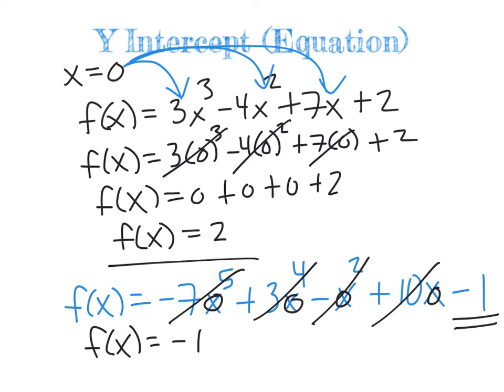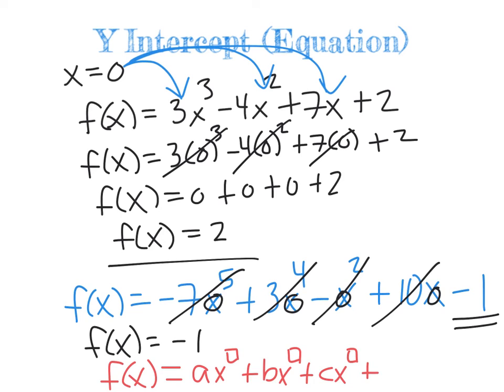Because all of the x's, when you plug 0 in, are going to cancel, leaving you with the number at the very end. So if we look at the most general form, let's just look at the very general notation. F of x equals ax to some power plus bx to some other power plus cx to some other power.